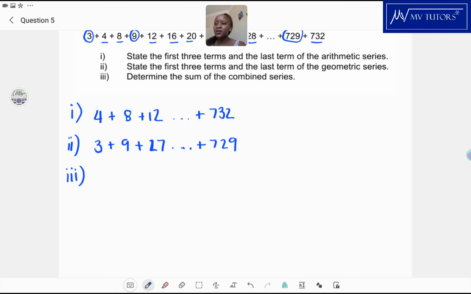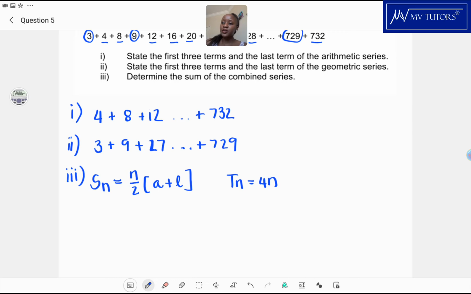All right, so yeah, I will be determining the arithmetic first, and then I'll go over to the geometric. I have my first term and my last term, so we know which equation we're going to use. Because it's going in multiples of 4, starting with 4, our general term equation is just going to be 4n.